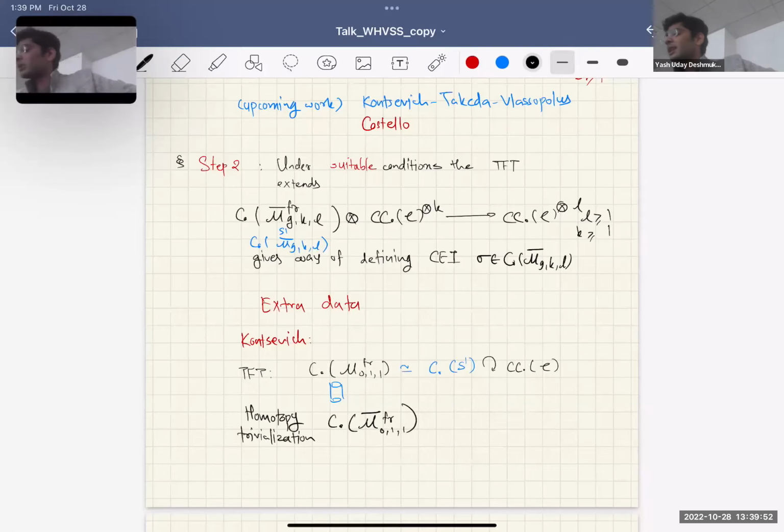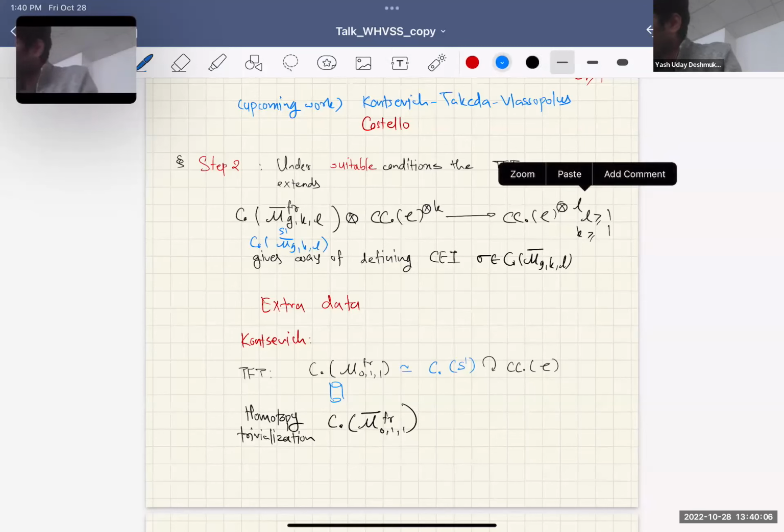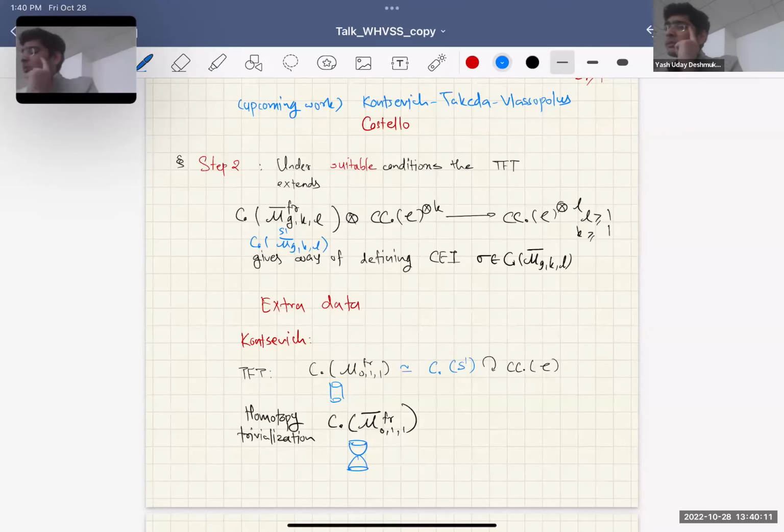So earlier these were just non-singular annuli. So the homotopical trivialization is going to be an extension of this action to possibly nodal annuli. So this involves usual annuli, but also this nodal annulus with one input and one output.